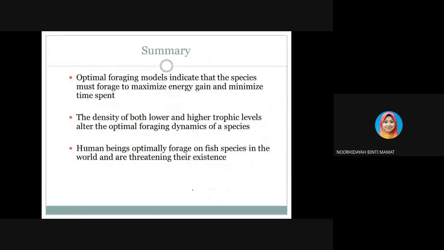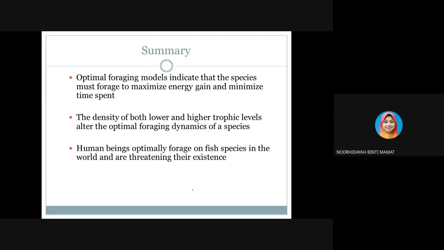So, for the summary: optimal foraging models indicate that a species must forage to maximize energy gain and minimize the time spent. That is why, even though prey have different sizes, each animal will select only a specific size of prey in order to get the maximum net gain of energy.